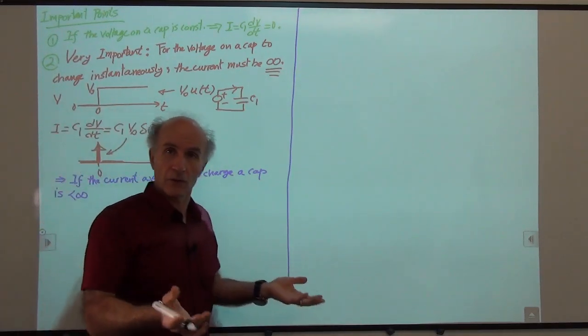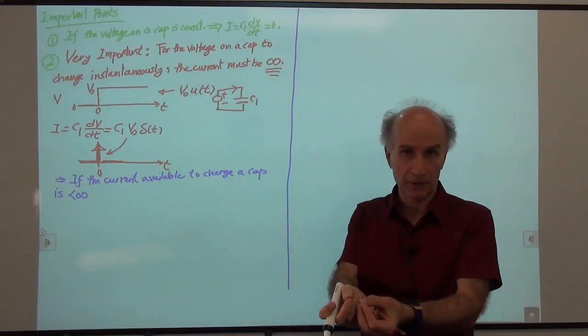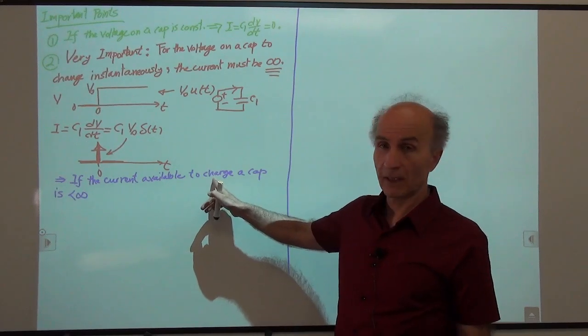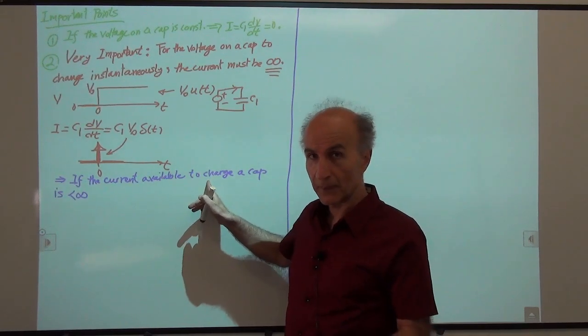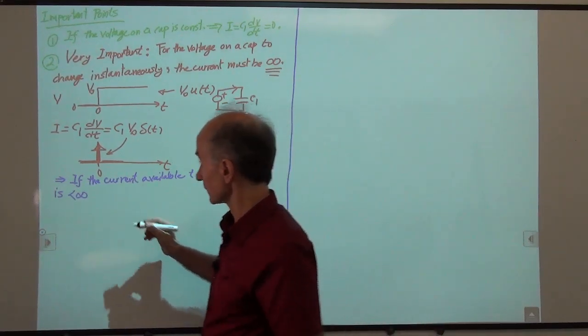Which is a practical situation, right? In none of our circuits can we deliver infinite current to anything. So if the current that's available is less than infinity, the voltage cannot jump instantaneously.